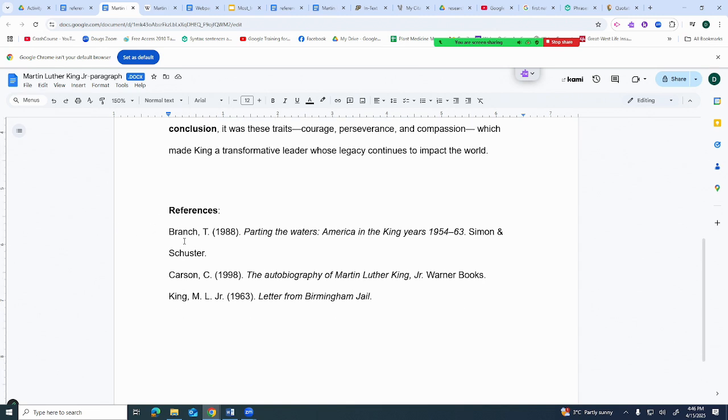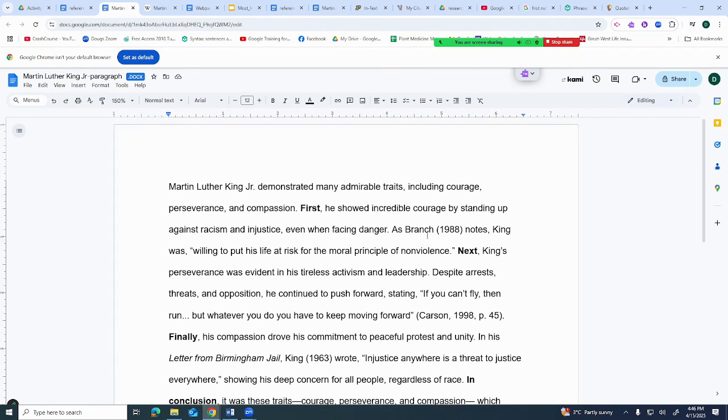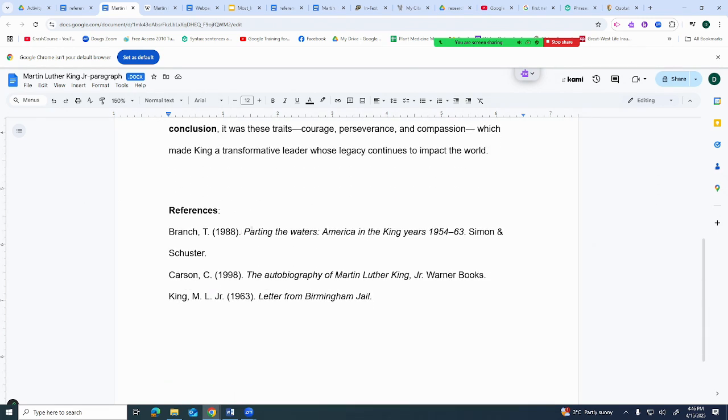And here's our references, right? There's that Branch right there that was referred to in the first quotation up here. There's all the information that we need to find that source, the page numbers. Well, that's the title of the book, Parting the Waters, America in the King Years from 1954 to 63.